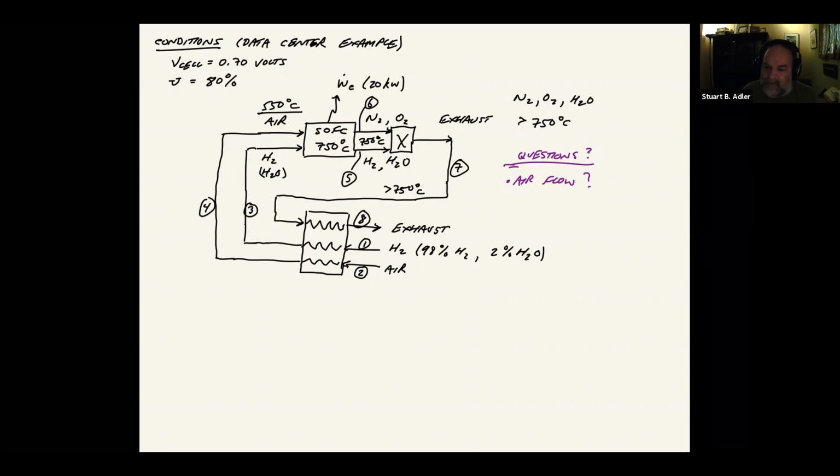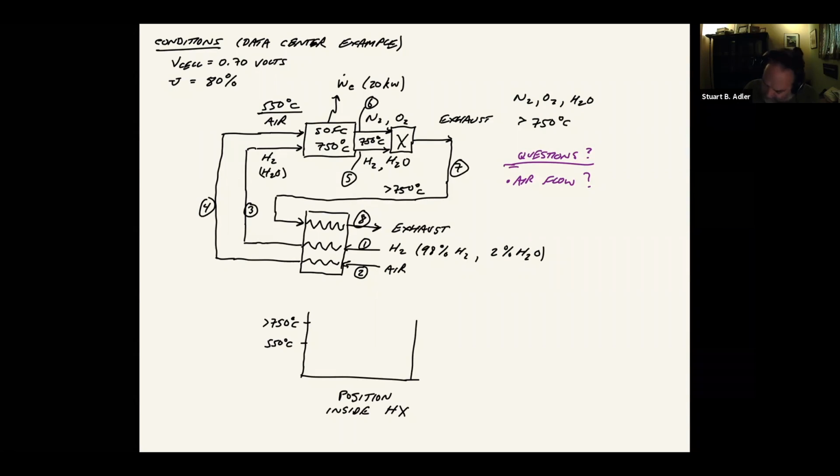Maybe you've done this in 340 where you draw a position versus temperature diagram within the heat exchanger. On the left side, we know the temperatures. So the exhaust is coming in greater than 750, and the hydrogen and air are coming out less than that, 550.